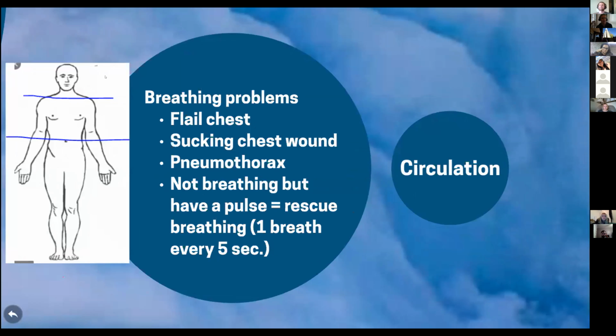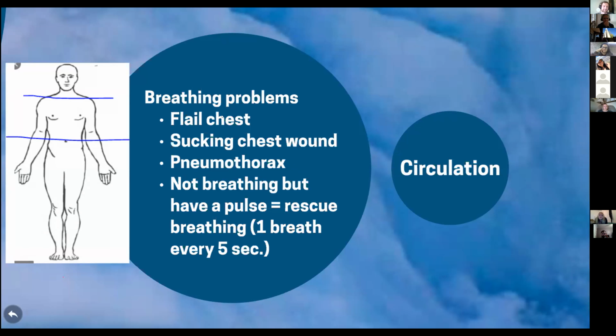So B, breathing, I like to think of that from the base of the neck to the belly button or the navel. It's encompassing our chest cavity or our thoracic cavity. Some problems here is a flail chest. If somebody is involved in a very traumatic incident, for example, somebody hits a tree while they're out snowboarding going 60 miles an hour, a flail chest is when you have multiple ribs broken in multiple places.